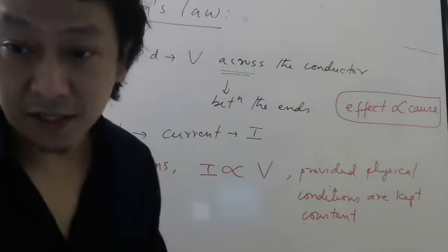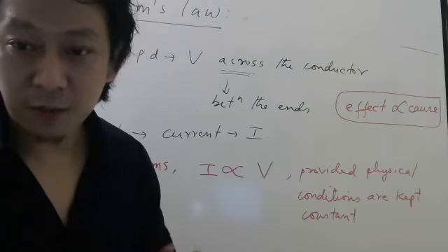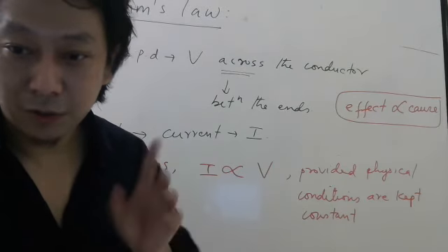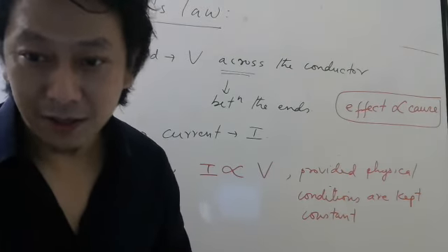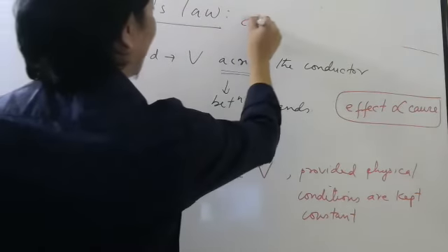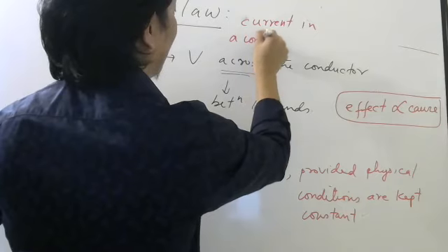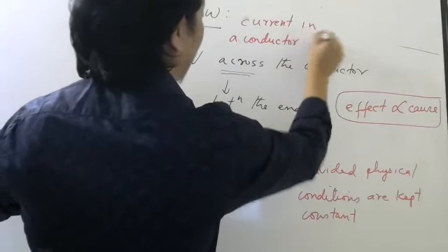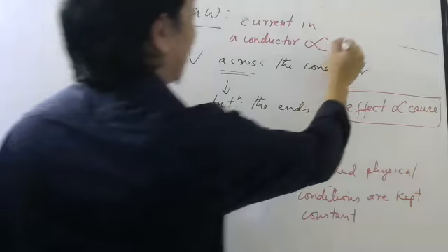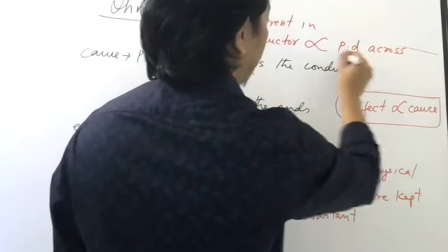Shall I write the statement or no need? Afrin wants me to write. Okay, so look here. Current in a conductor is directly proportional, in exam write directly proportional, to potential difference across the conductor.